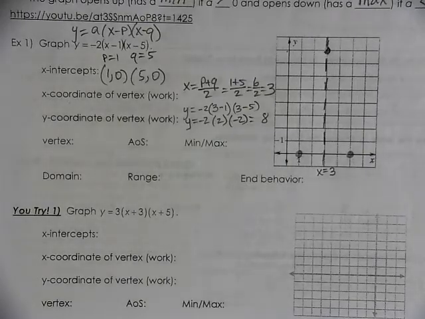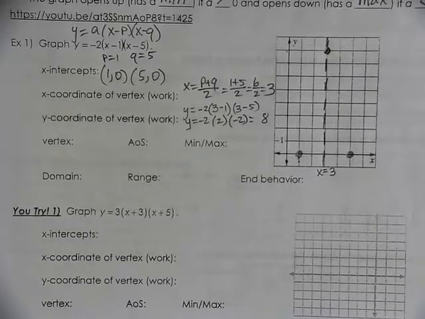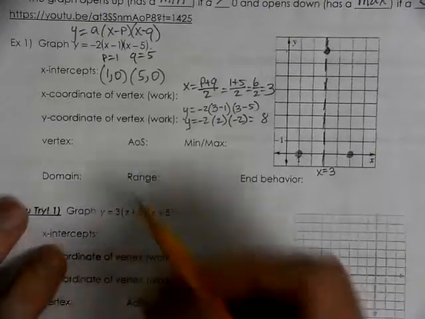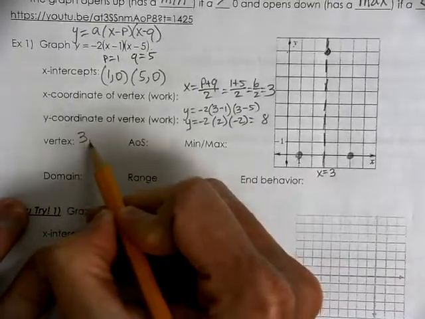So there's our vertex. We knew it was on the line of symmetry. We figured out that line of symmetry was x equals 3, and we plugged in the 3 to figure out just what the y value was when x is 3. So our vertex is (3, 8).